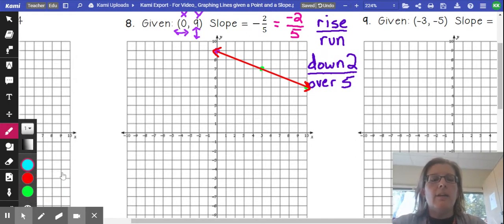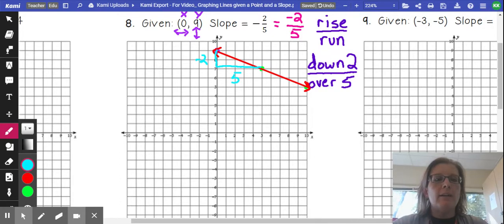Notice that we worked that backwards, but we did the exact same steps as finding slope. We have our perfect points here where the line crosses over the grid marks right at the corners. And we have our triangles, because our line went down 2 for -2 and then over 5.